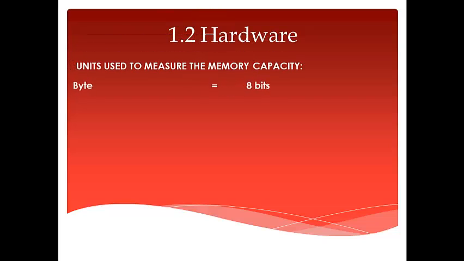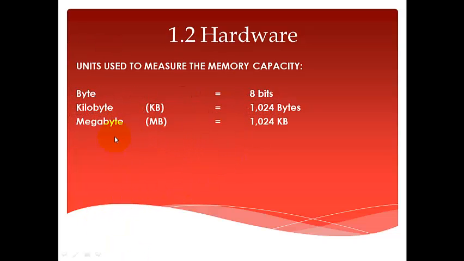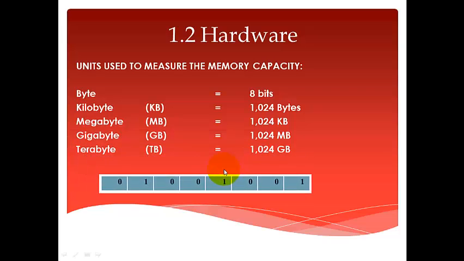Once again, we'll have a look. 1 byte is equal to 8 bits, and 1 kilobyte is equal to 1024 bytes, and 1 megabyte is equal to 1024 kilobytes, and 1 gigabyte (GB) is equal to 1024 megabytes, and 1 terabyte (TB) is equal to 1024 gigabytes.